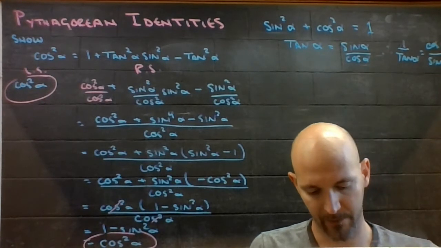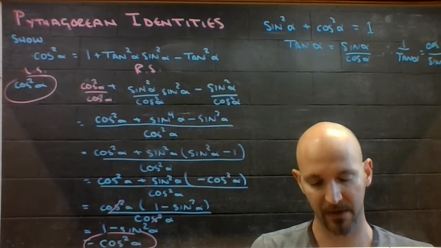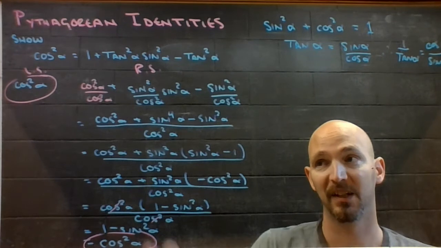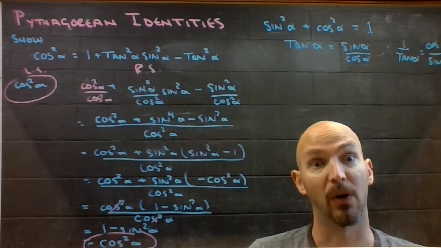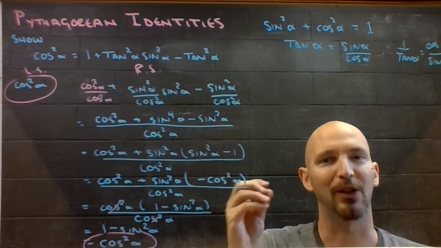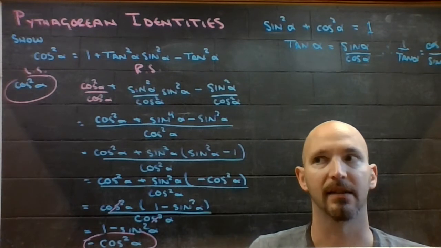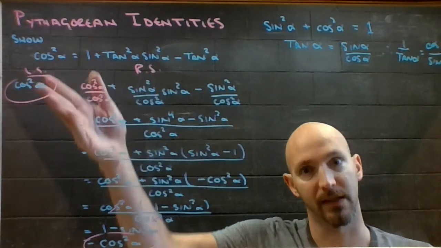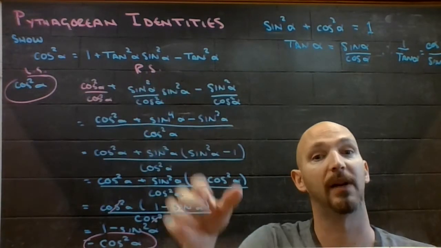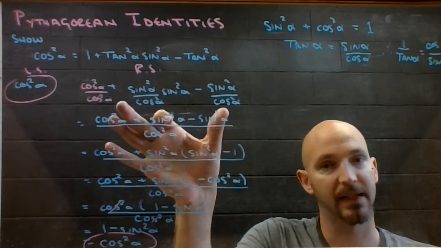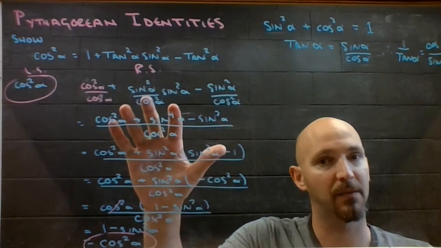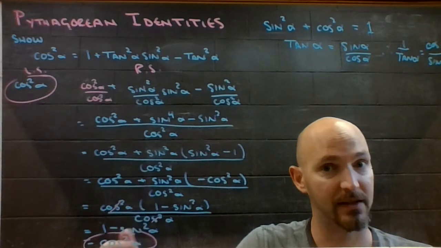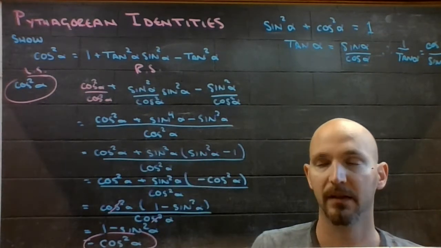So the point here is it's a bit of a wander through the woods. You start with something that's gross, and you look for little telltale signs. Like this has tans, this does not, so I'm going to get rid of my tans. This thing has a whole bunch of stuff separated by pluses and minuses, this does not, so I'm going to try and combine them.